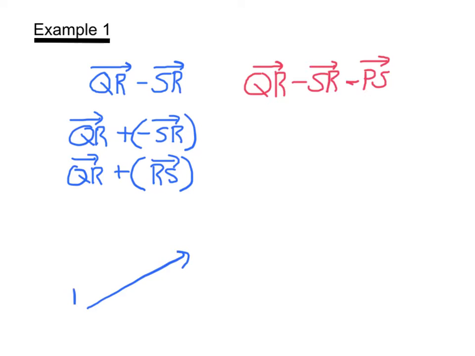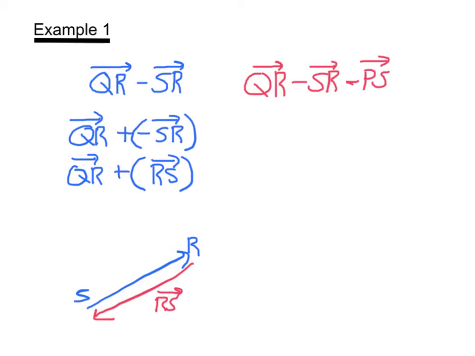Right? And I can represent that visually here. If this is the vector SR, then the negative has to be vector RS. And once I know that, now it's a straight addition problem, and I have vector QR plus vector RS. And here's a little trick that we didn't see in the last video.